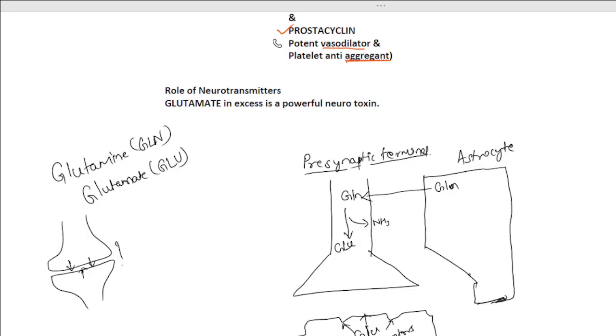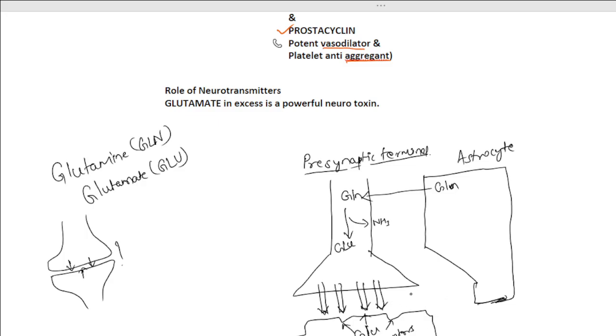Here, it is received by glutamate receptors, right? Okay, toward this. So what is happening here basically?